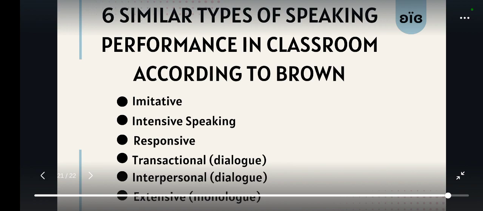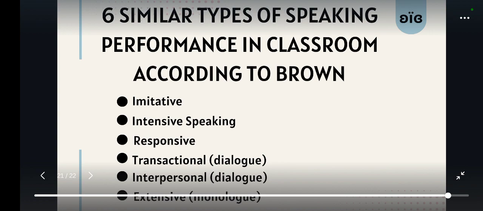For example, the focus of teaching speaking is your diction or your intonation or stress, right? So imitative could be a speaking performance done in the classroom for you as a teacher and for the students to learn some element of the language.